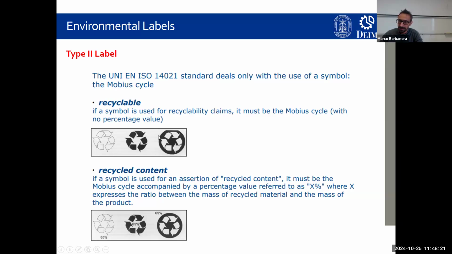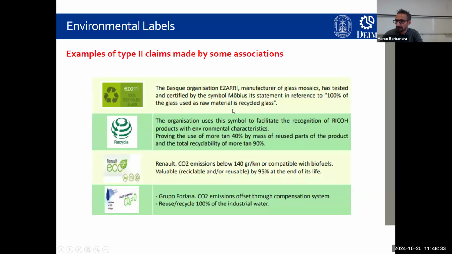But this information is a self-declaration information, not validated by a third party. Okay, here you can see other kind of type 2 claims from different associations.